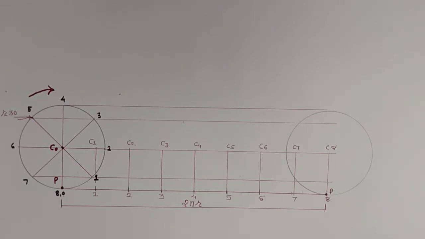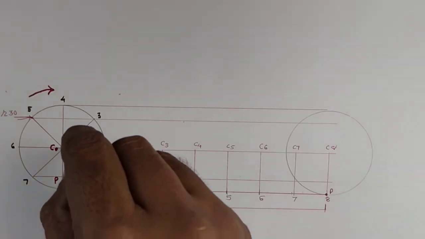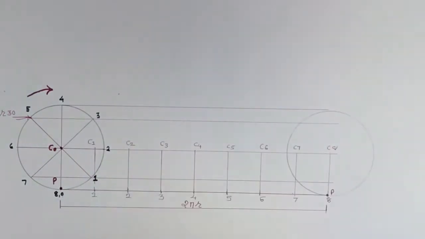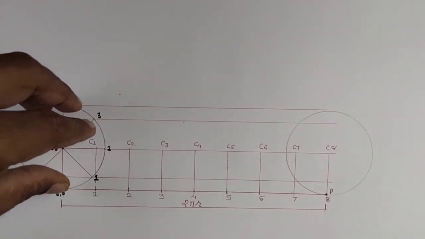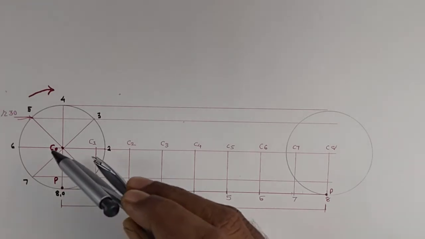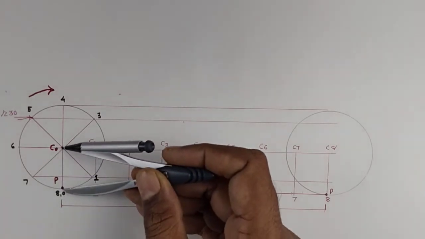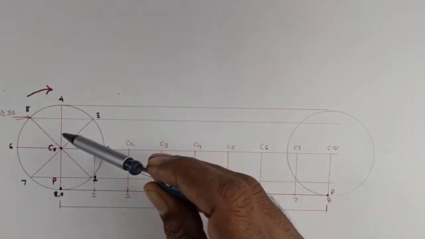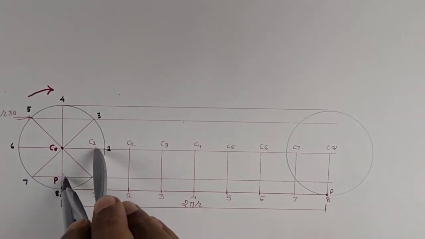Now you can find out the path of point P for each 1/8 revolution. For that we take the rolling circle radius. Now you understand, my thumb is point P and the revolution is going on this way. For that I take the radius of the rolling circle, center C1, and I draw the arc on the 1, 7 line here.